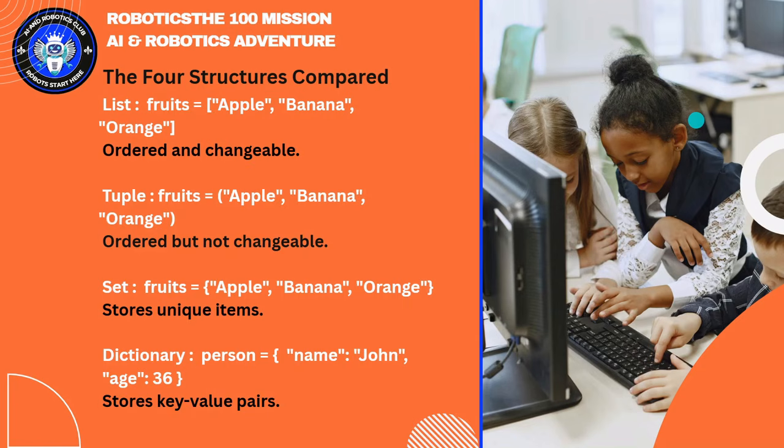Tuple with the small brackets, ordered but not changeable. And then we have the set with the middle brackets, or wiggly brackets. It stores unique items. And the dictionary stores key value pairs, information about one specific ID or a person.